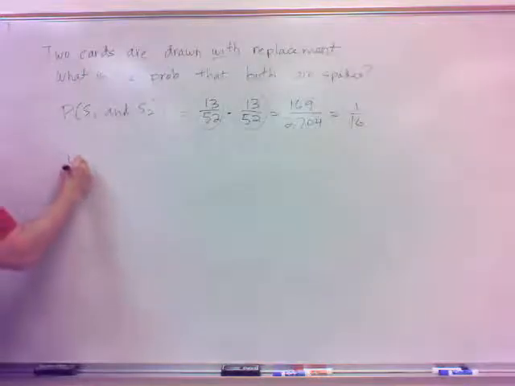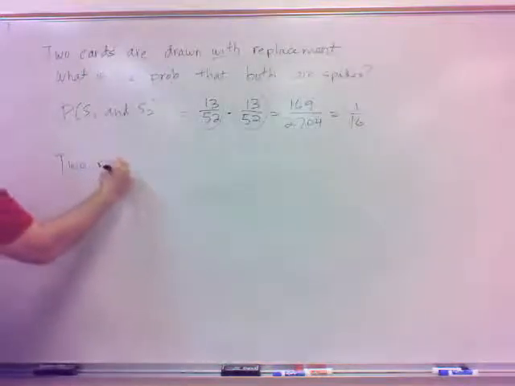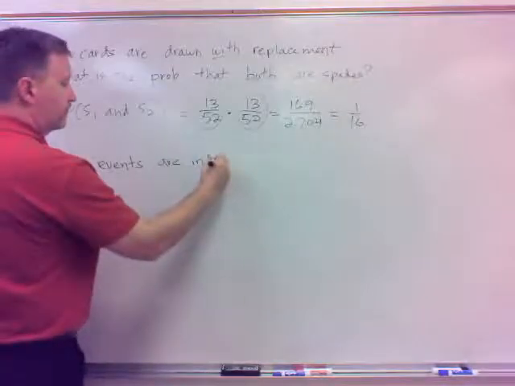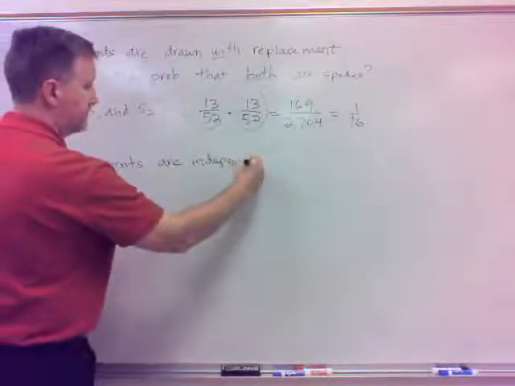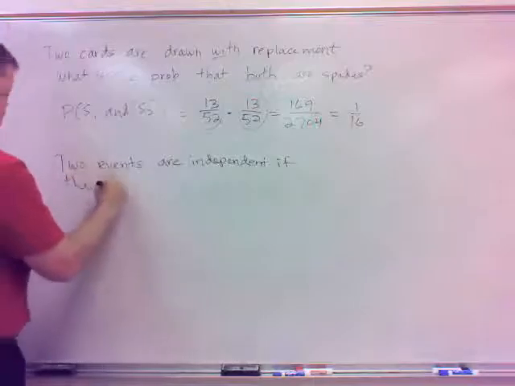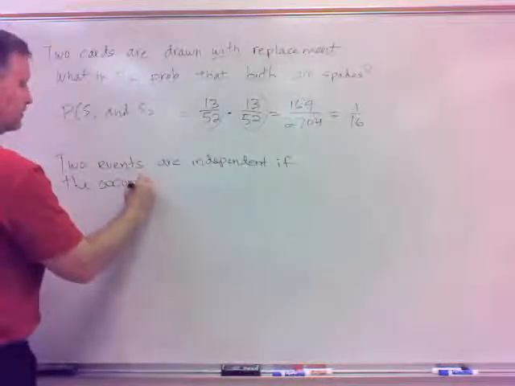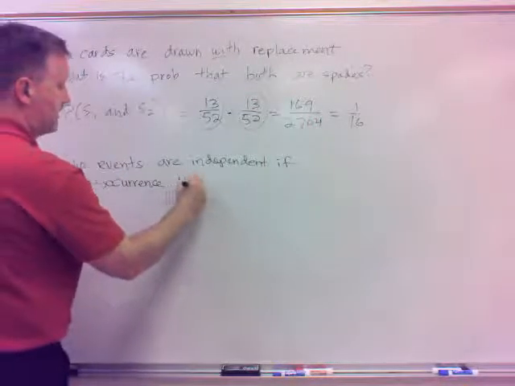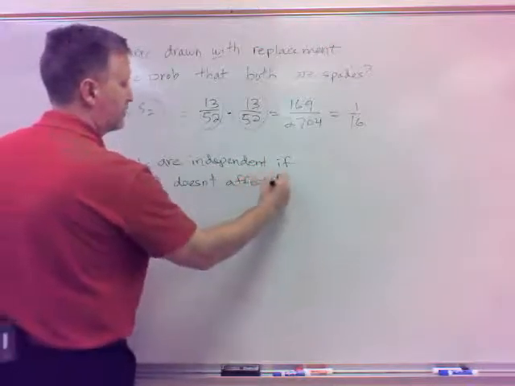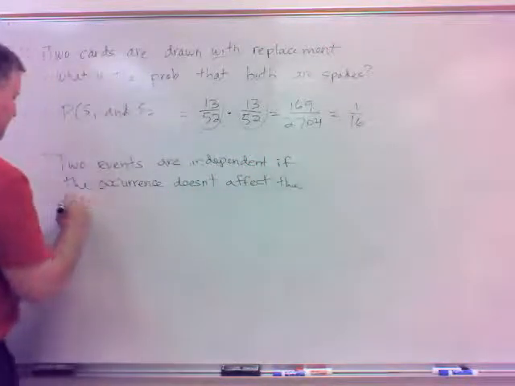Two events are independent if the occurrence of one doesn't affect the probability of the other.